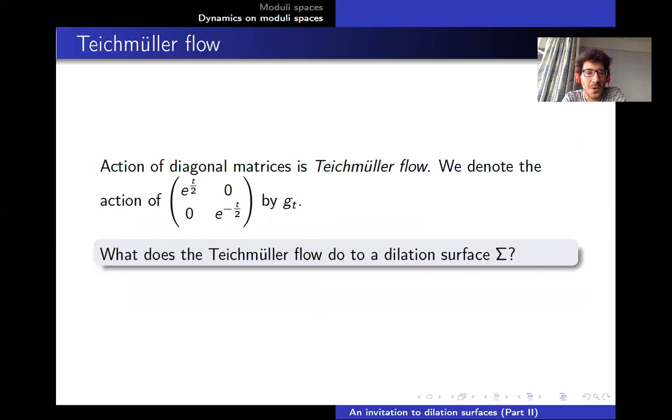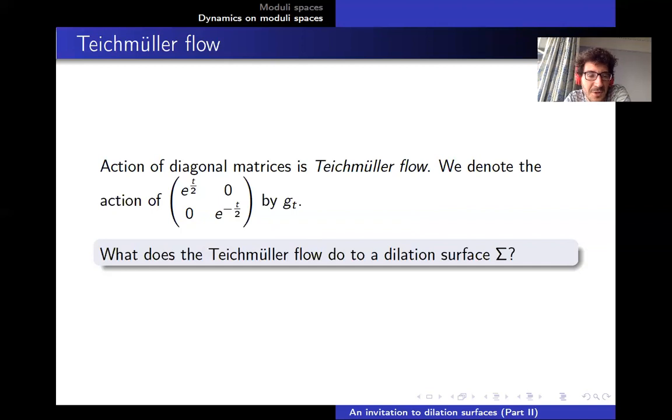Within SL2R there is a distinguished one-parameter subgroup, which is the group of diagonal matrices, and its action is often referred to as the Teichmüller flow, and that's what we're going to discuss now.